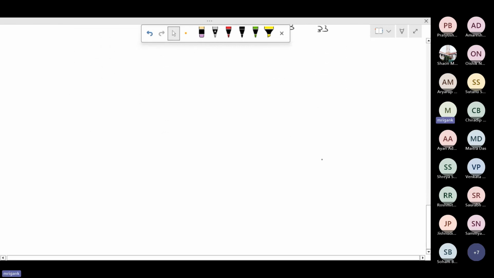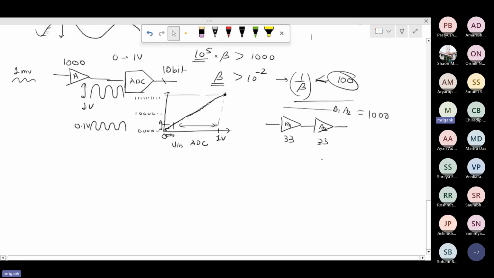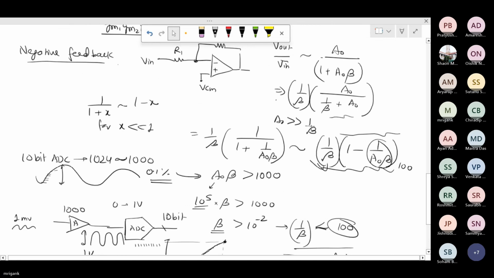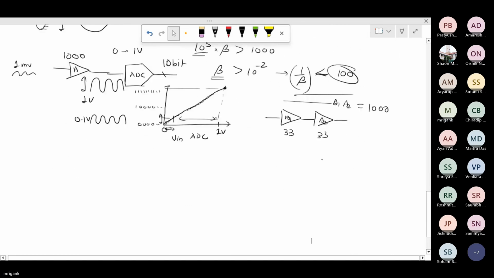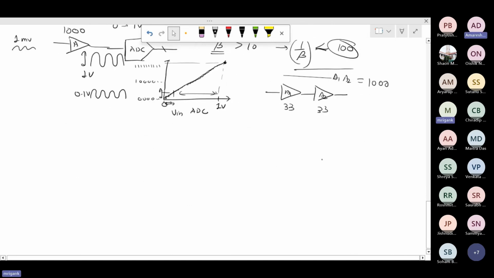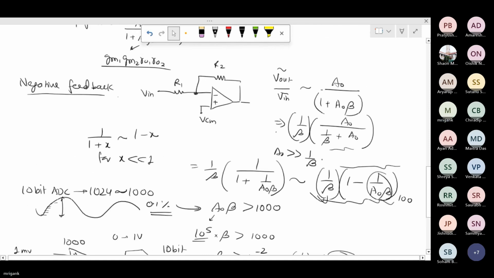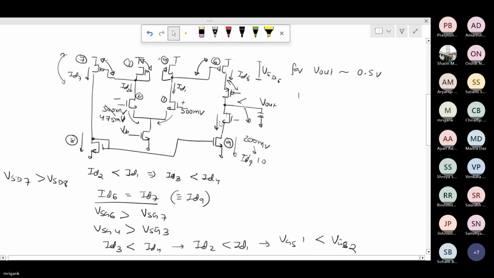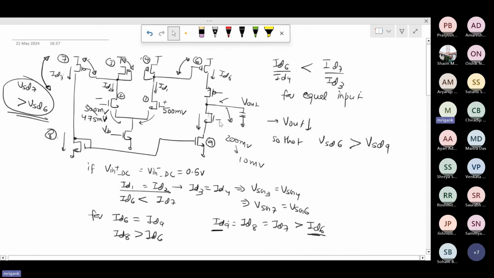Now, going forward, let me now copy the circuit. Drawn too many arrows.